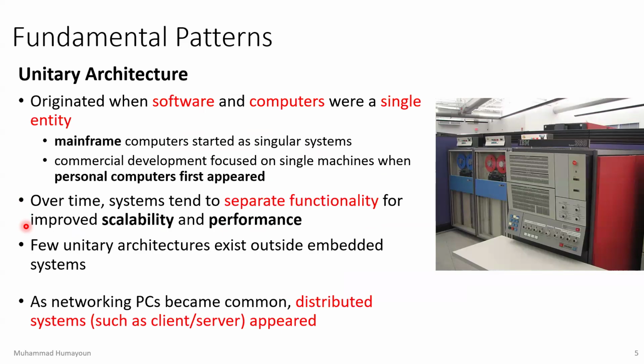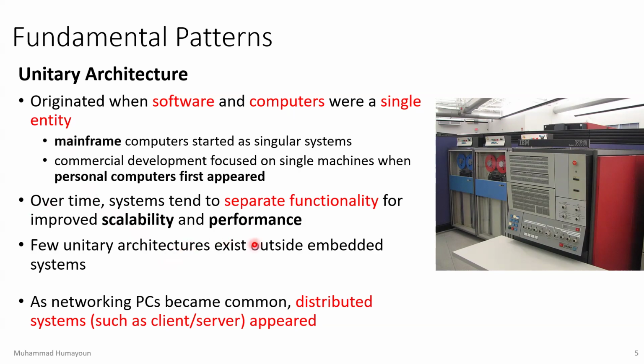Then, historically, we used to have unitary architectures around us. It was the time when we had these big mainframe computers, and software and computers were actually a single entity. So mainframe computers bring us this architecture called unitary architecture.